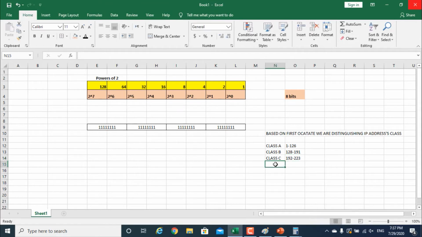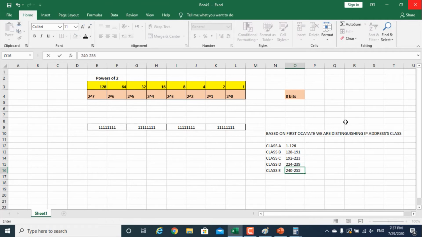Class D starts from 224 to 239. And class E starts from 240 to 255.